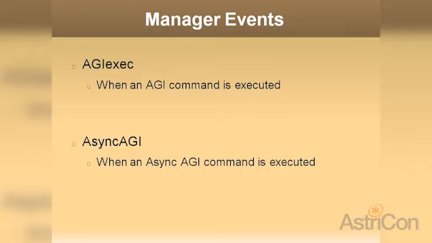The AGI exec, which is when your AGI will be executed. And there's the Async AGI. This is when a specific AGI command will be sent through Asterisk, but with async. I'm going to cover the async stuff later.